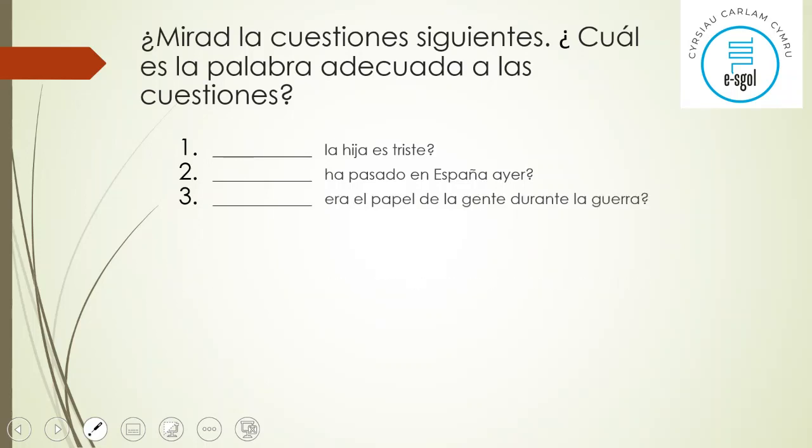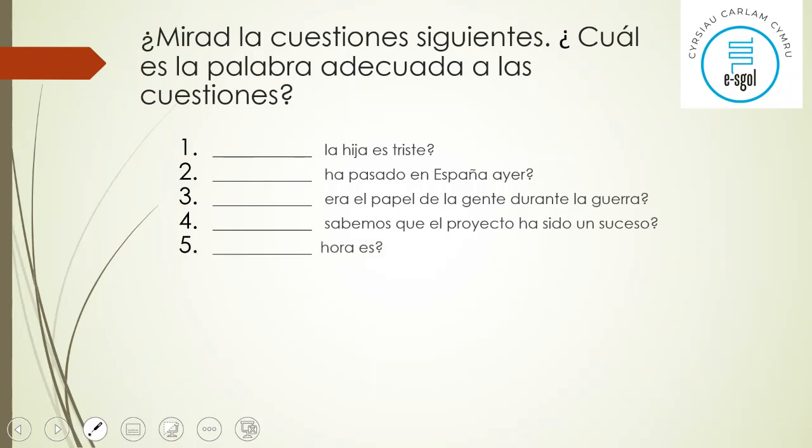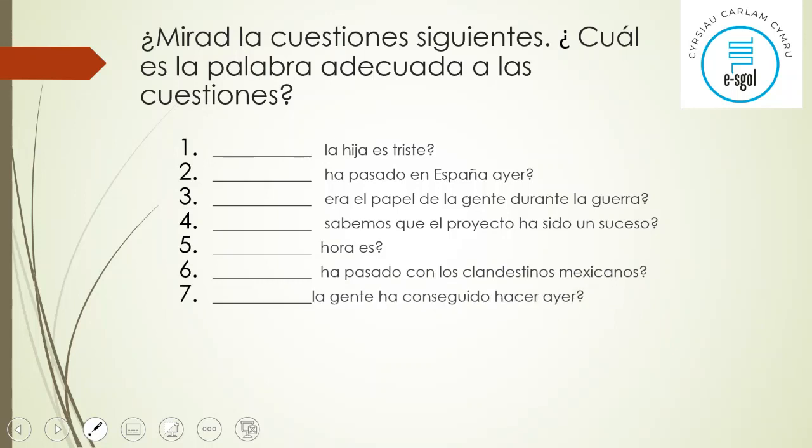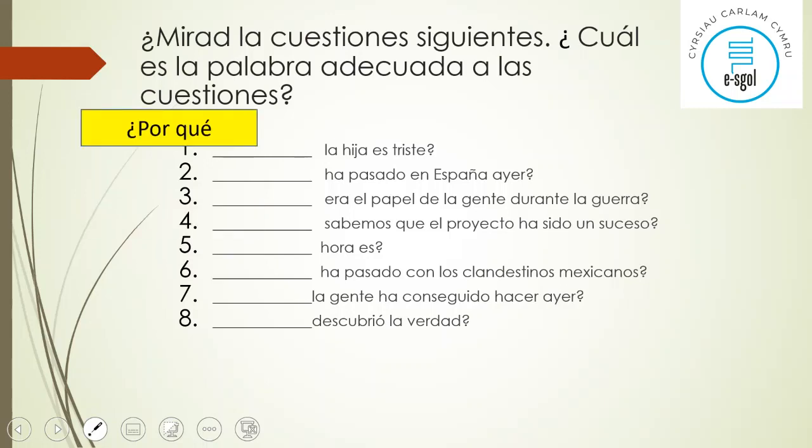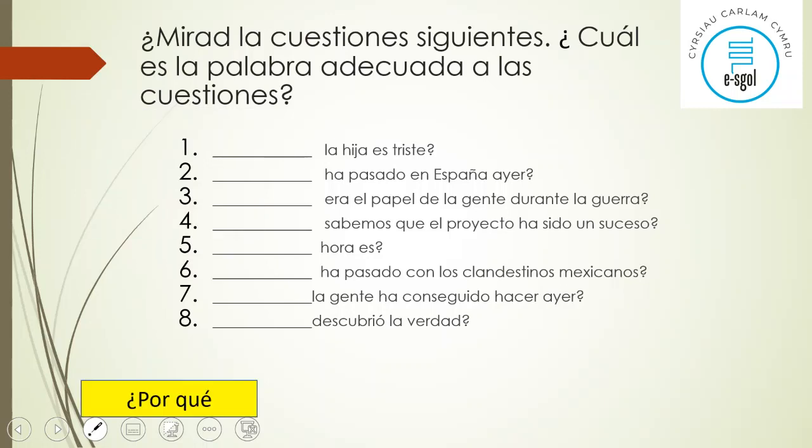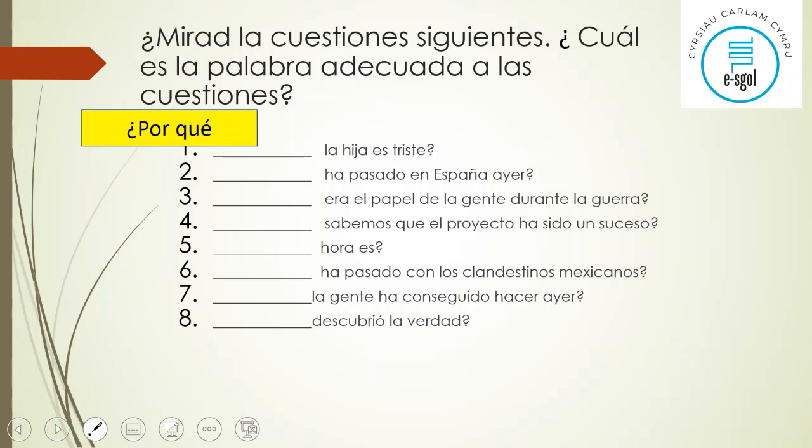Número 3, era el papel de la gente durante la guerra. Sabemos que el proyecto ha sido un suceso. Hora es. Ha pasado con los clandestinos mexicanos. La gente ha conseguido hacer ayer. 8, descubrió la verdad. So try to use some of those questions to try to find the answers.